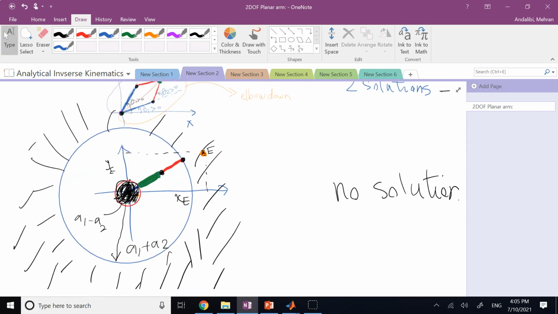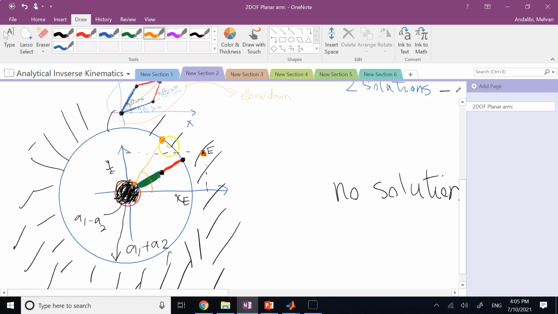And then you might come and say, well, what if it's on the edge of the workspace? Like, what if it's here? What would you say? How can I get there? Well, I need my theta 1 to match this angle here, and my theta 2 to be 0. Or if it's on the edge here, I need my theta 1 again to match that angle, and theta 2 to be pi.